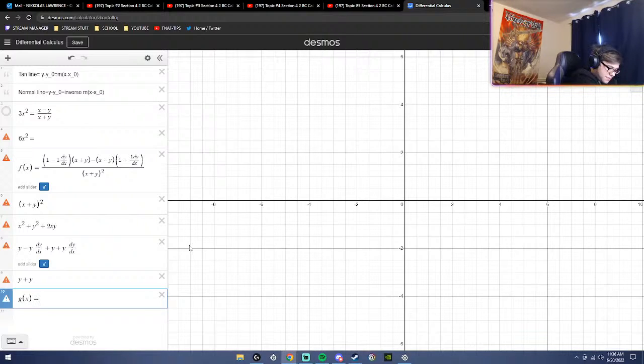Shit. Okay, hold up. So we get g of x is equal to, I'm probably thinking, y minus y, so it's just 2y? Yeah, it is probably just 2y.